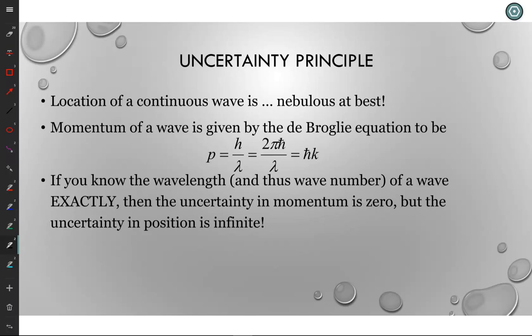So the uncertainty principle is something that Heisenberg originally determined. And it's one of those things that, remember, we started with the orthodox view, the realistic view, and the agnostic view of quantum mechanics. And the realist view has a real problem with the uncertainty principle, because what it says is the better we know something, the less we know something else.